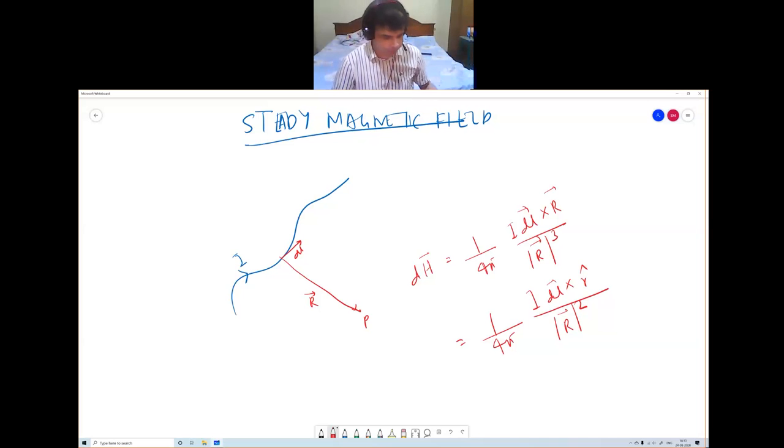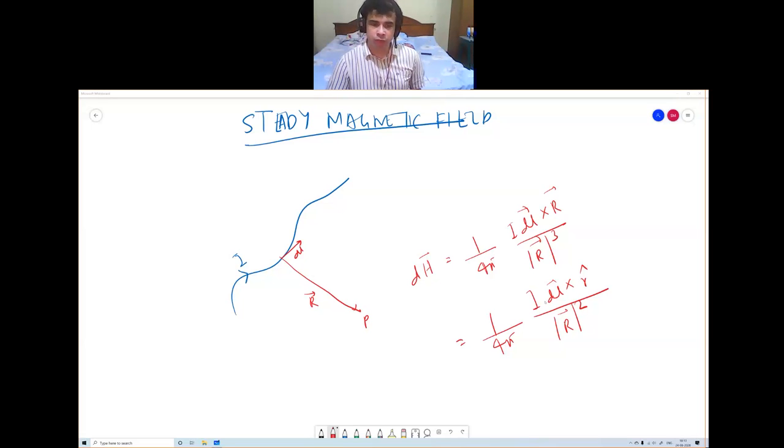Is it okay? I am sure you have studied this in your class 12. This is the Biot-Savart law. What does it state? What does this mean? What is the direction of H?